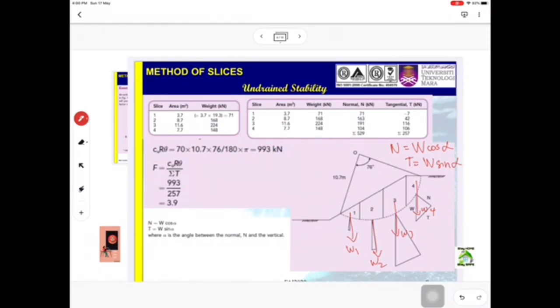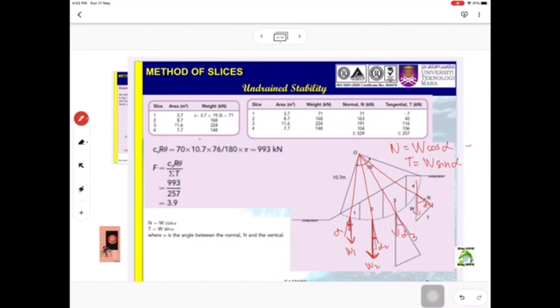You have to determine alpha. So this is alpha 4, this will be alpha 3, this is alpha 2, and this one is alpha 1.